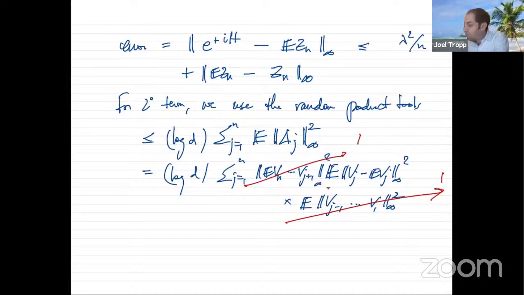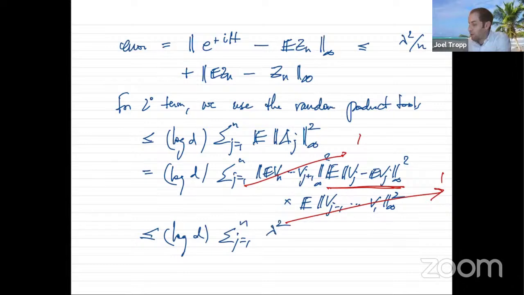Now, what's left is the deviation term, which is actually deterministically bounded by lambda squared divided by n squared, by the punchline from before, which gives us the log of the dimension times lambda squared divided by n.